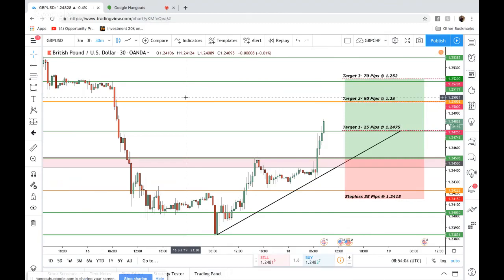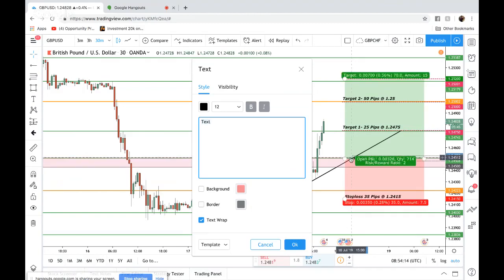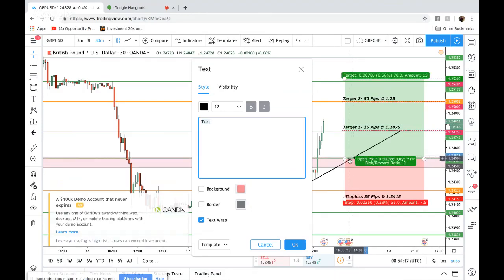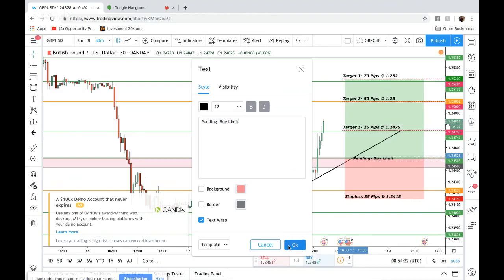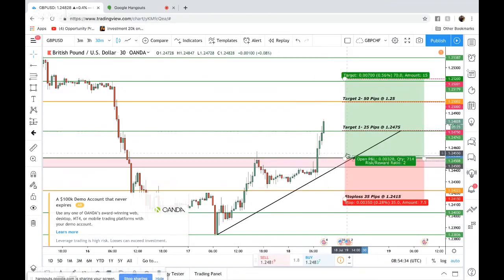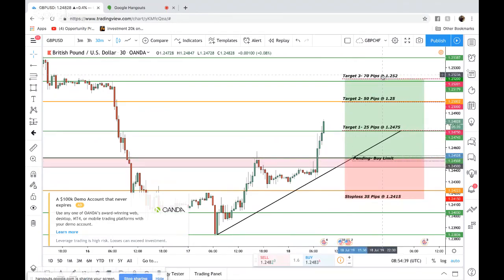We would do a buy limit. Now, what a buy limit means is we need the market to come down, obviously activating our trade, then keep going up.